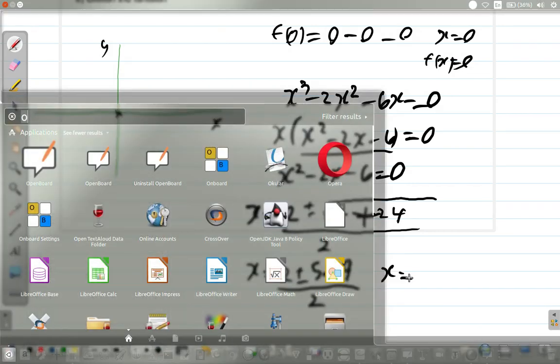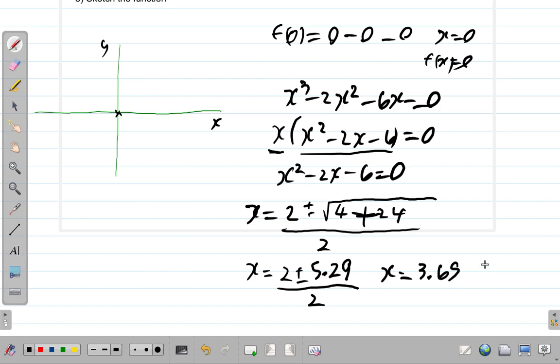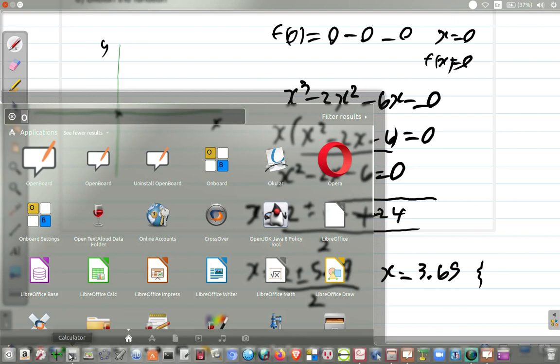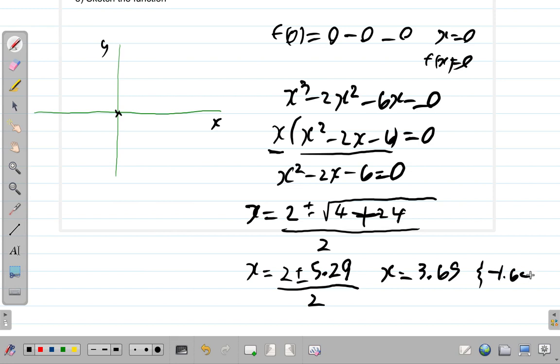We have two possible answers here. 2 plus 5.29, divided by 2, is 3.65. In the second case, when you subtract, it's 2 minus 5.29, and this divided by 2 will give you negative 1.645, okay.